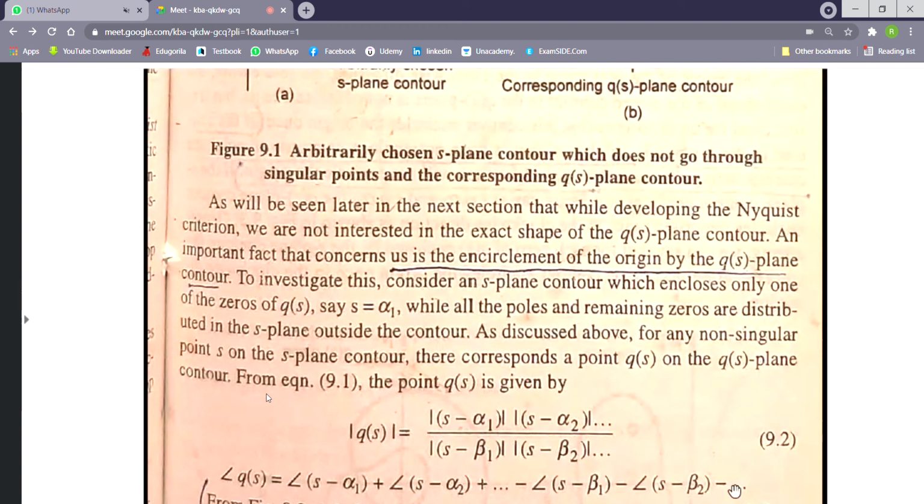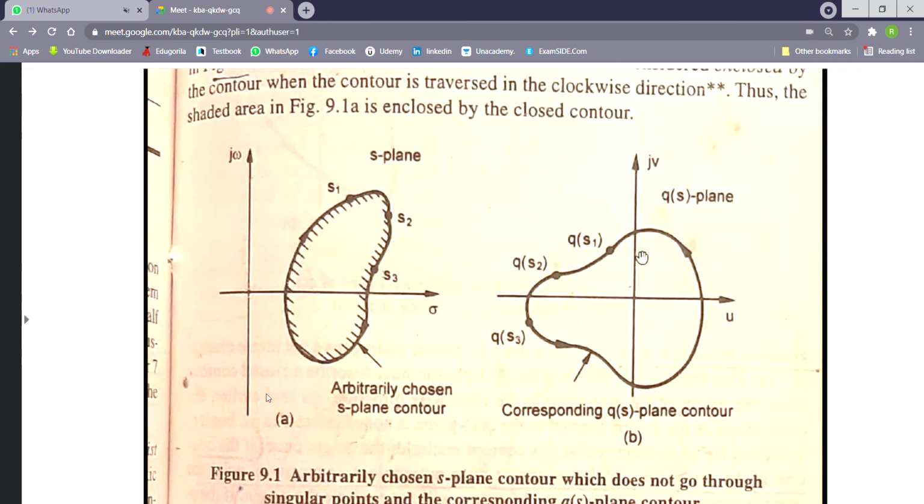Now, when we discuss Nyquist criterion, we'll find that we are not actually interested in the shape of the QS plane contour. This is our QS plane contour, and we are not at all concerned about the shape of the contour, right?